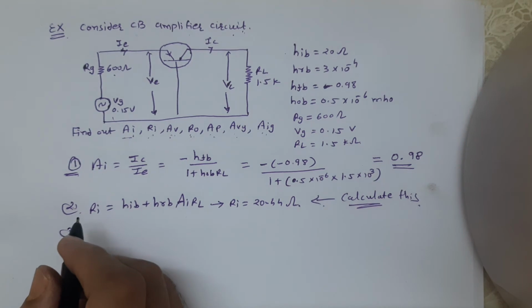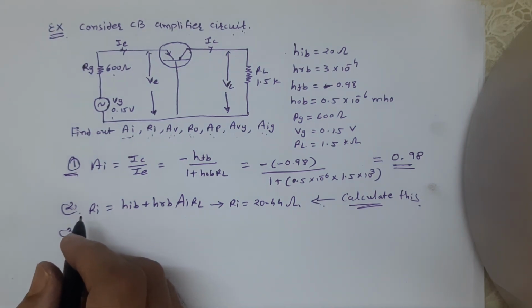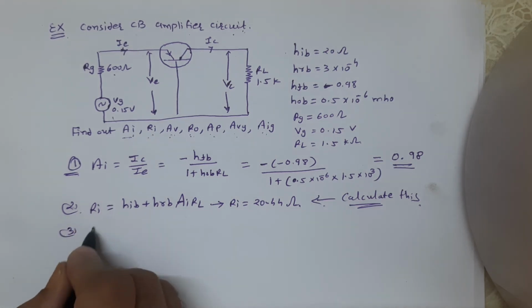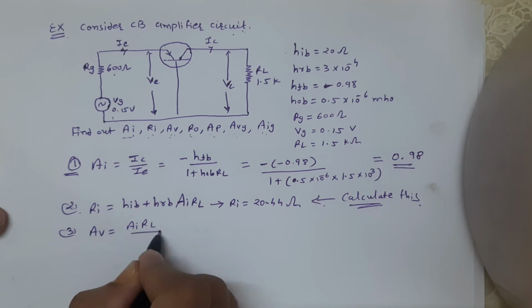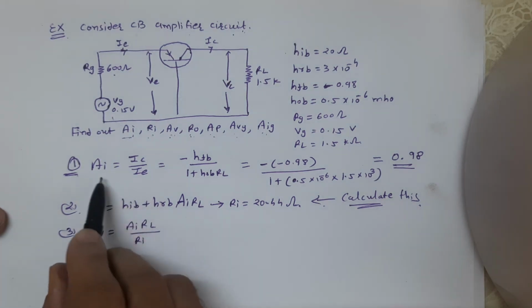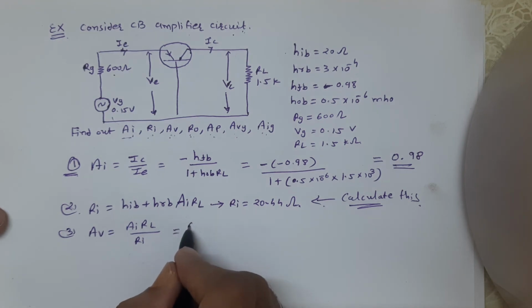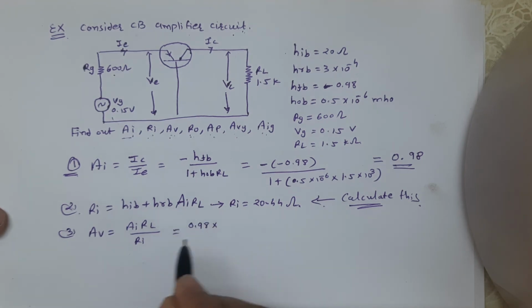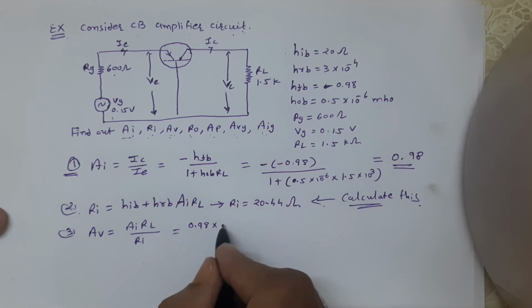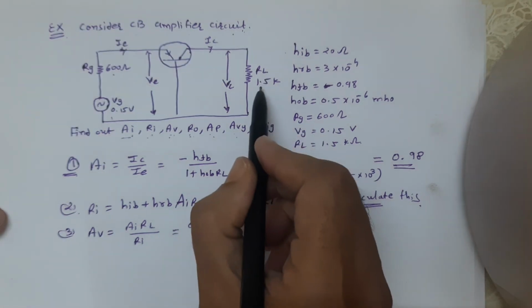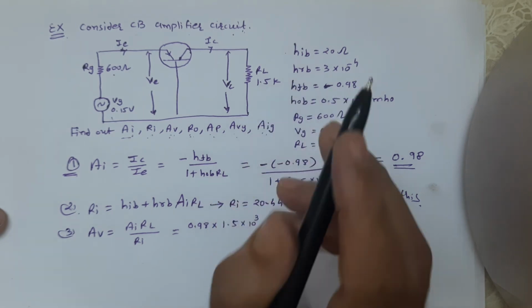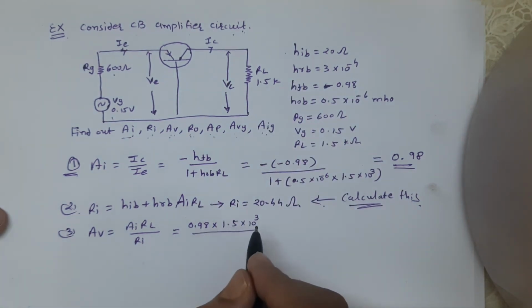Third, find out voltage gain. The equation for voltage gain is AI RL upon RI. We know that AI is equal to 0.98, RL is equal to 1.5 into 10 raised to 3, because this is 1.5 kilo ohm, divided by RI.